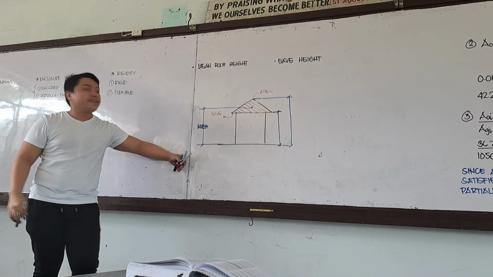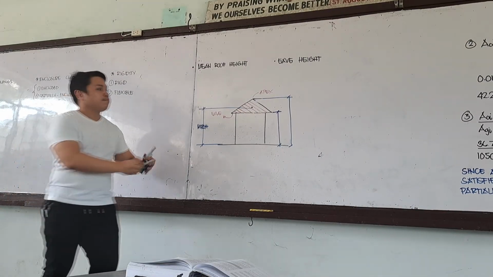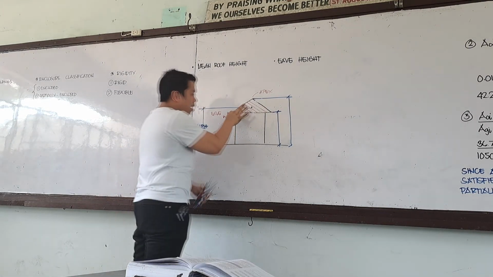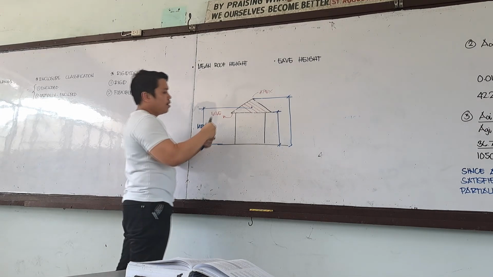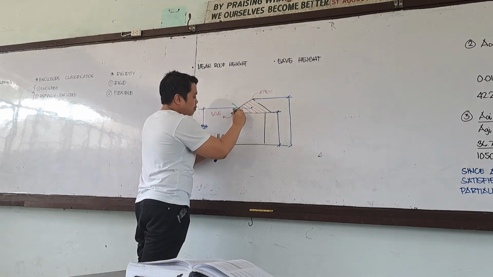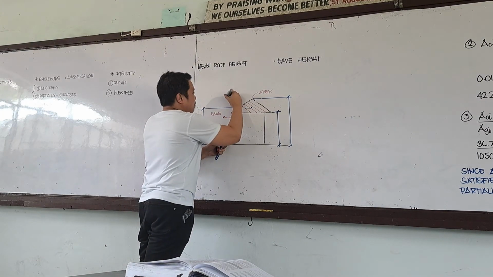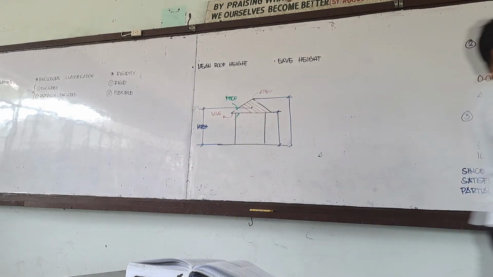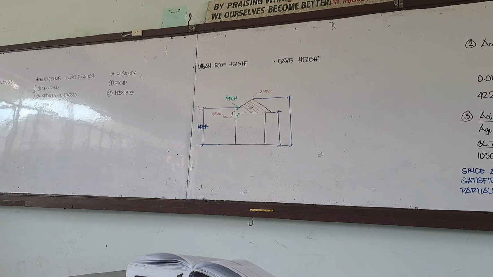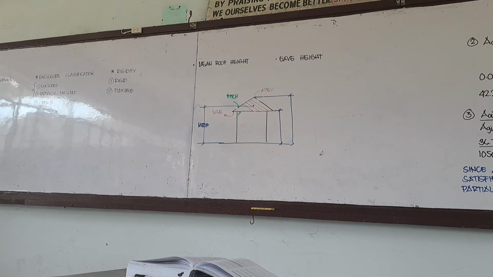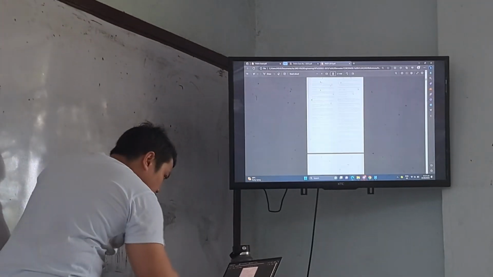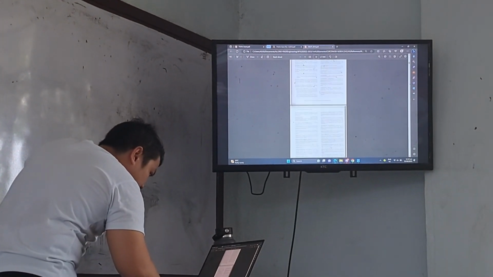But there is an exception. Our roofing has what is called the pitch. Okay, so let's refer to the definition of mean roof height under section 2.